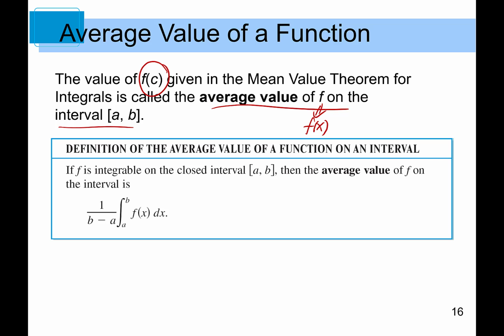So if f of x is integrable, that means an antiderivative exists, on a closed interval a comma b, then the average value of function f of x on the same interval is 1 over b minus a times the definite integral of f of x with respect to x from a to b. Okay, and that's how you compute the average value of f on the interval.